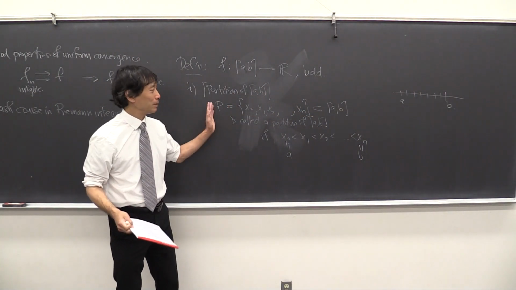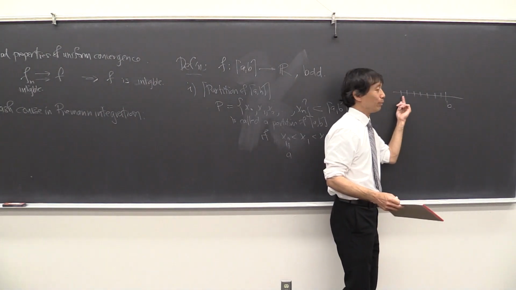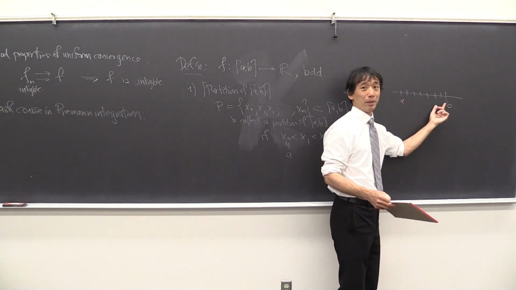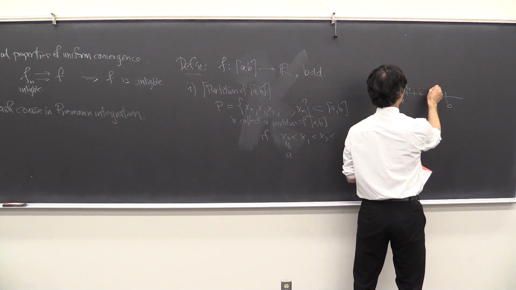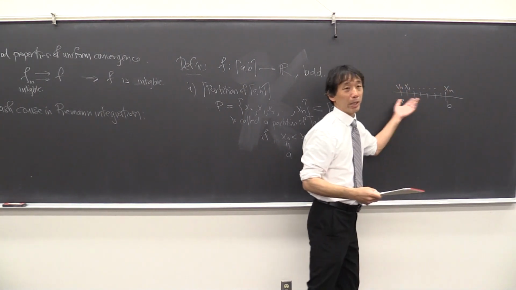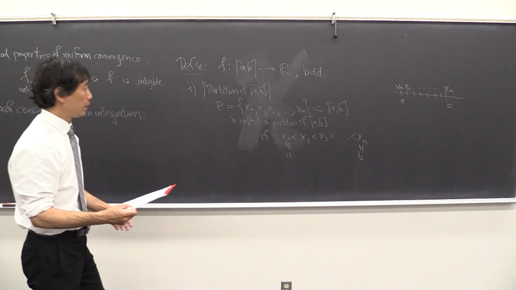It's a long thing, but all it means is that you've got a bunch of points x0, x1 through xn going from a to b. Okay.